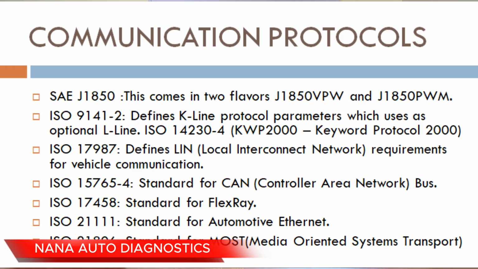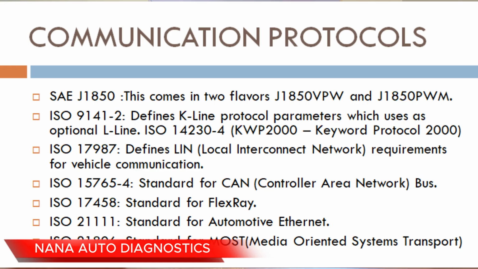And next we shall look at the ISO 17987, which defines the LIN, which is Local Interconnect Network, and also move to ISO 15765-4, which defines the Controller Area Network, or what we know as CAN network standard.